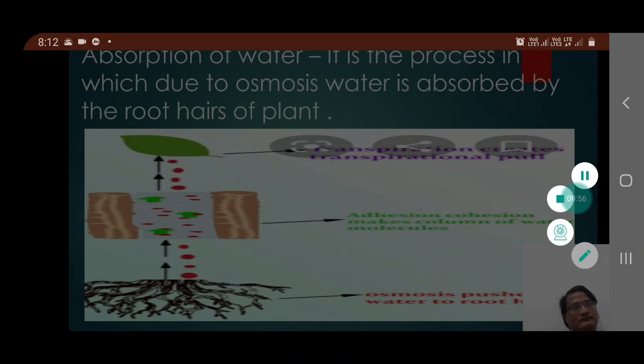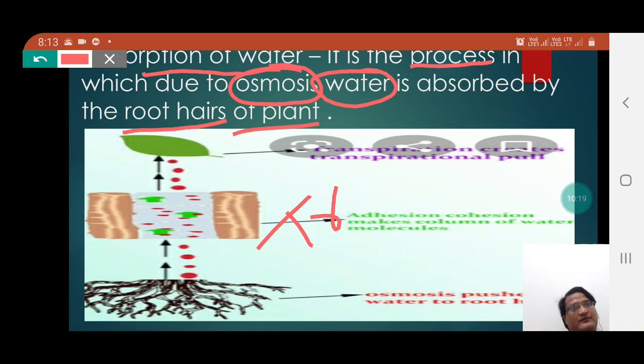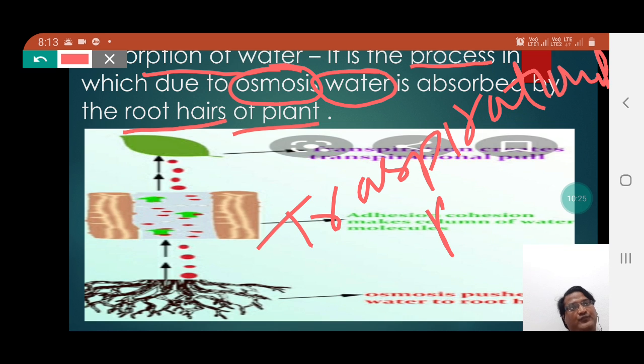So students, absorption of water is actually the process in which osmosis plays a very important role in the entry of water in the root hairs of the plant, and which is further supported by the transpirational pull also, students.